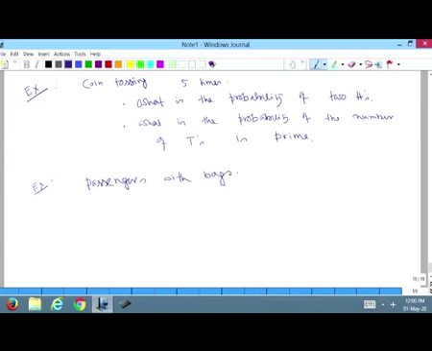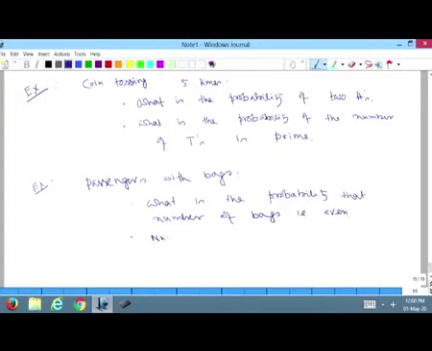So, some of the probabilities that we may look for are: what is the probability that the number of bags is even, or say the number of passengers is odd, etc.